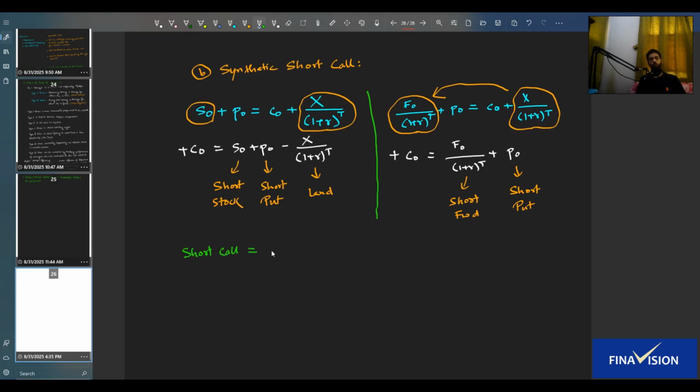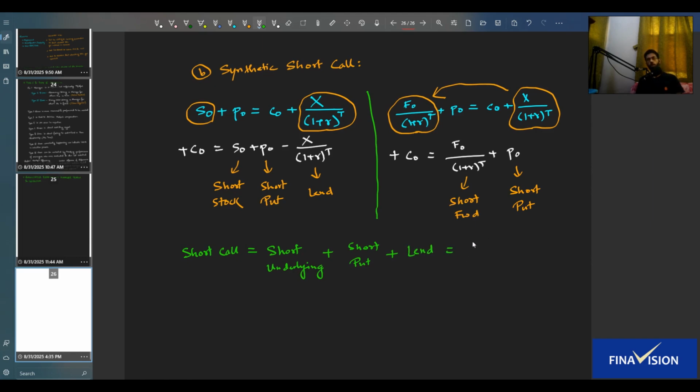Short call is equal to short this underlying, in our example it was stock. It is basically short the underlying plus short the put plus lend.